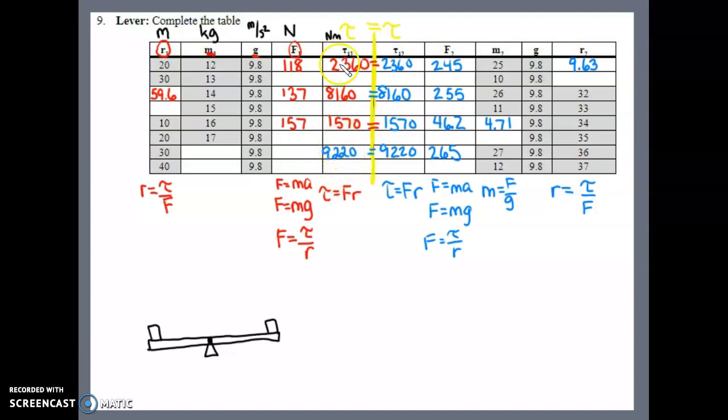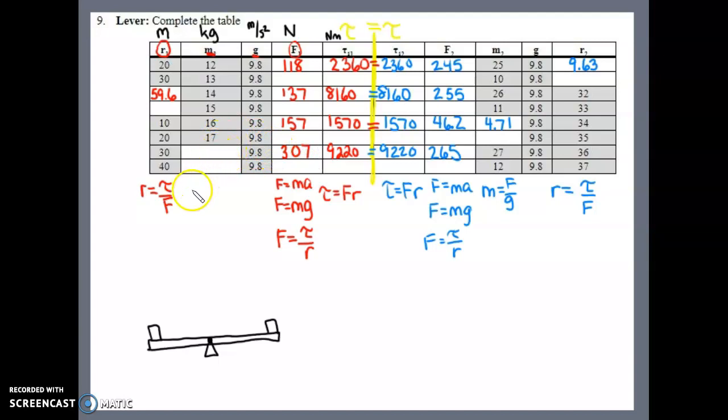9220 for my torque. On this side, it should be in red, 9220. Okay, so with torque, I want to find the force. Force is torque divided by the radius or the distance. So 9220 divided by my radius of 30 equals 307.3, so I'll leave it at 307.